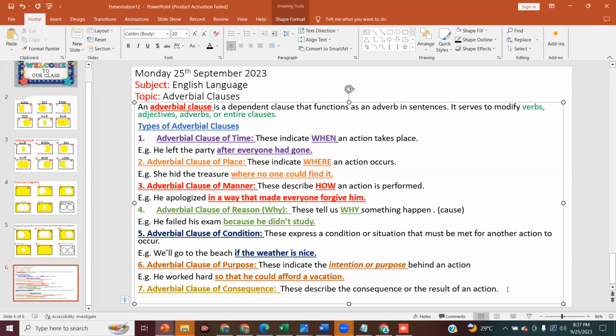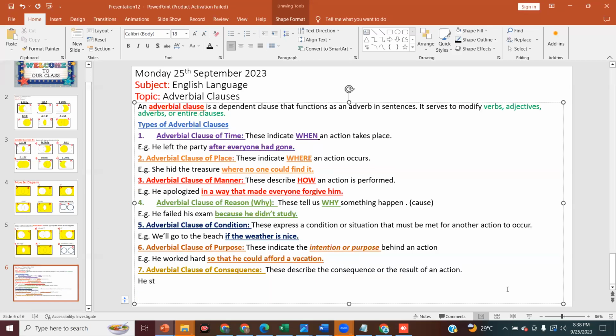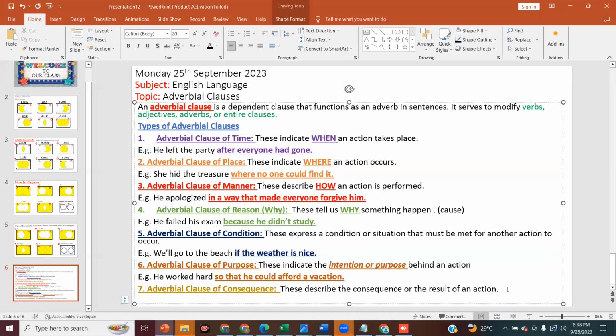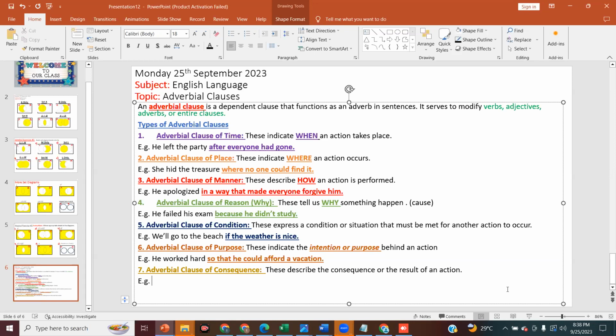So the example is, he studied so hard, or so much, that he aced the test.